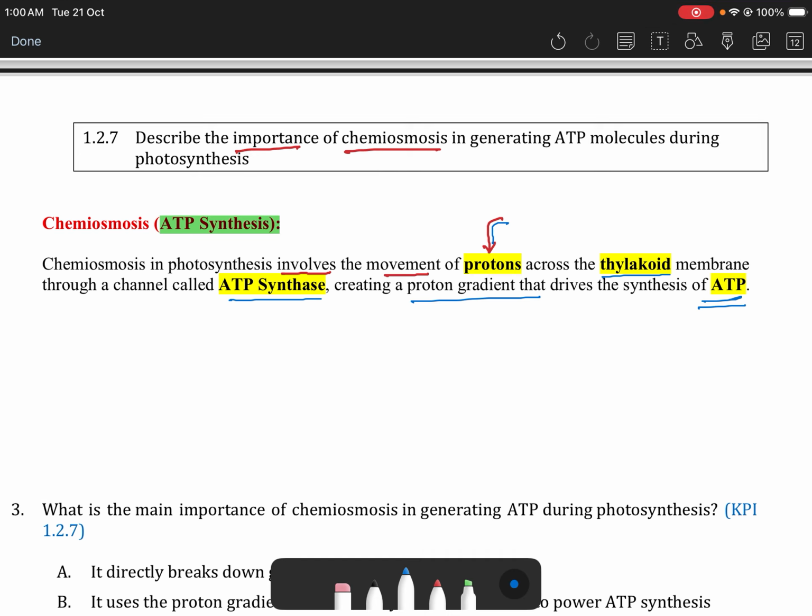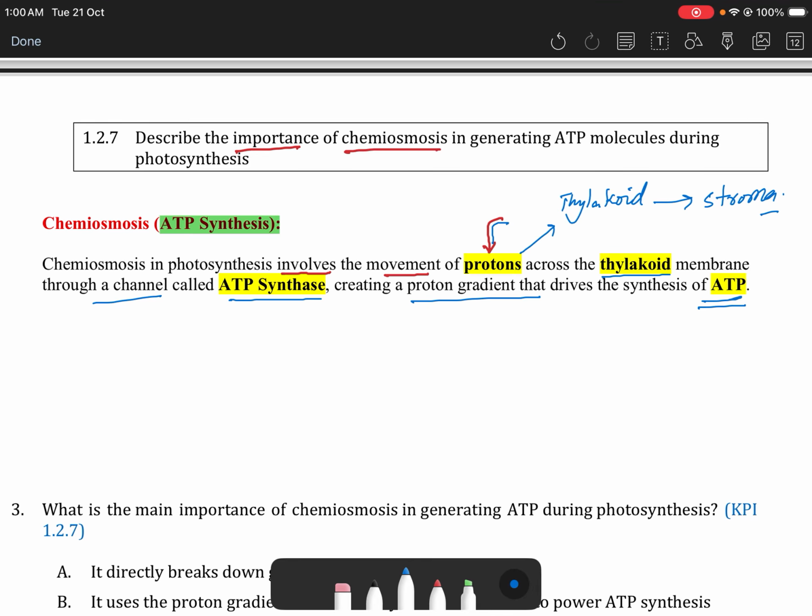So where do they go? These protons move from the thylakoid, because they are in high concentration over there, into the stroma to balance the concentration. Okay, these protons move from thylakoid to stroma. So chemiosmosis is a process in which ATP is synthesized by the movement of protons from thylakoid to stroma through a channel called ATP synthase.